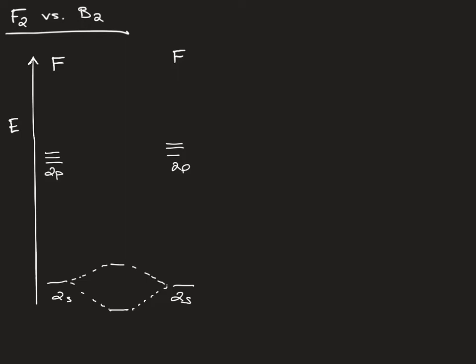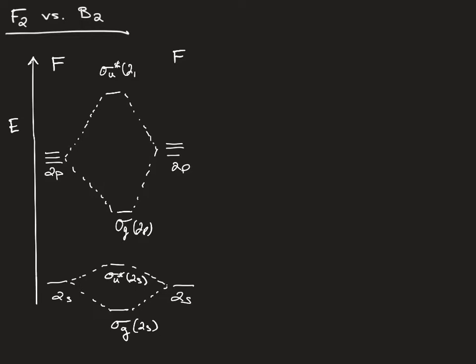Generating in and out of phase combinations. Then going to overlap the 2pz, generating that sigma interaction. And then finally the 2px and 2py generating our pi type orbitals.